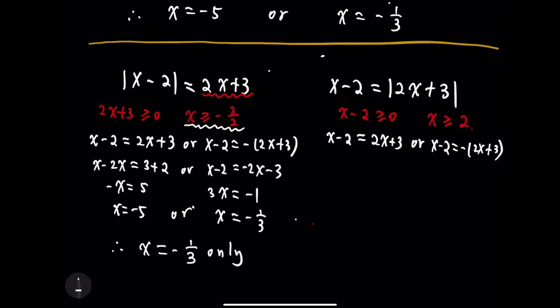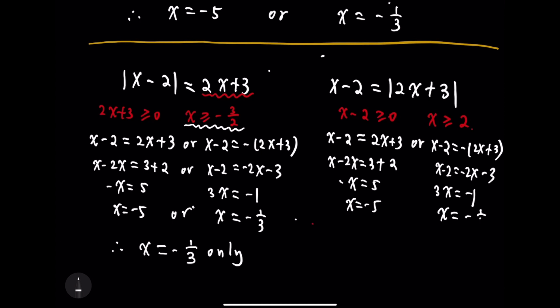So from there, we have x minus 2x equals 3 plus 2. So negative x equals 5, x equals negative 5. You can see it's the same. x minus 2 equals negative 2x minus 3. So 3x equals negative 1, x equals negative 1/3.